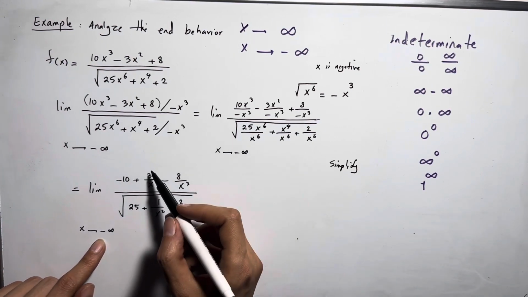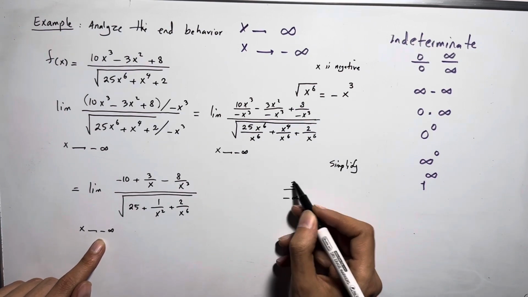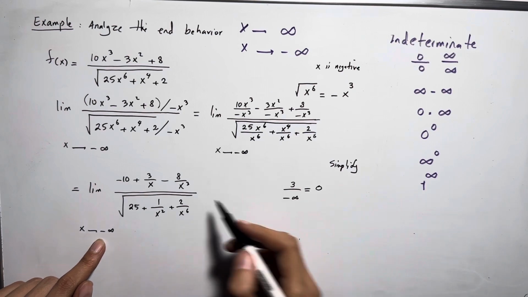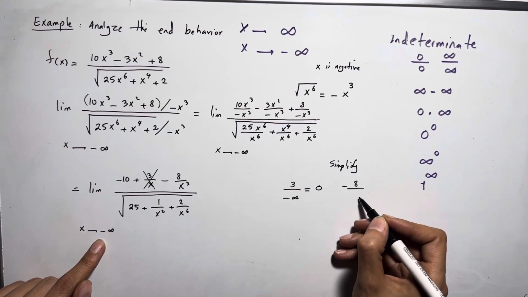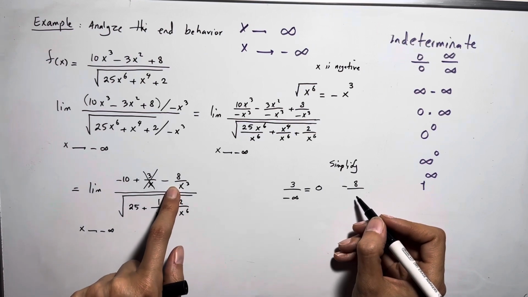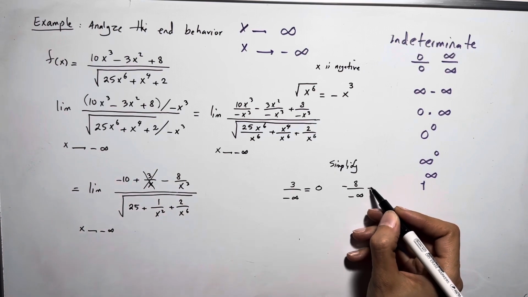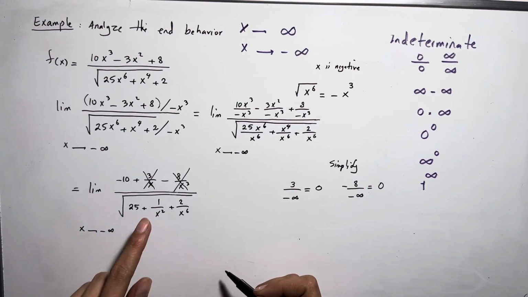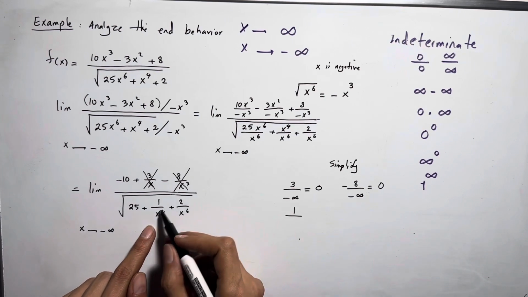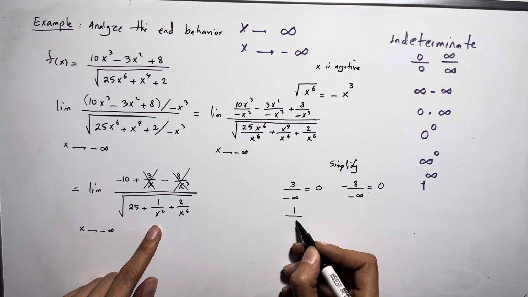So as x goes to negative infinity, 3 divided by negative infinity doesn't matter if it's positive infinity or negative infinity, this is just 0. Negative 8 divided by negative infinity raised to power 3, negative infinity again, but again you have a number divided by infinity, which is 0. 1 over negative infinity times negative infinity, here you have infinity.